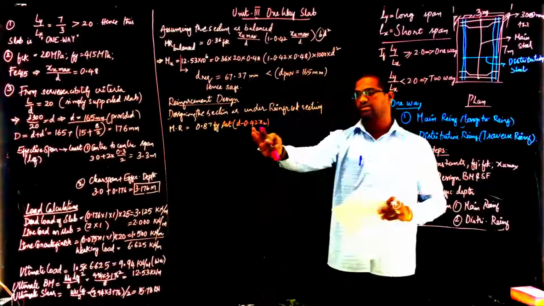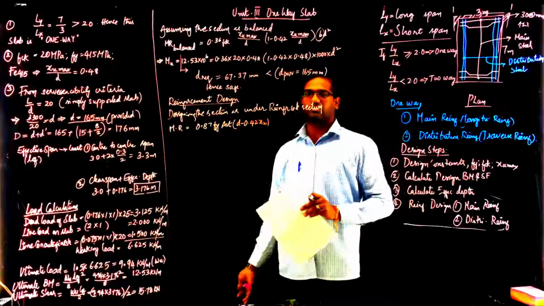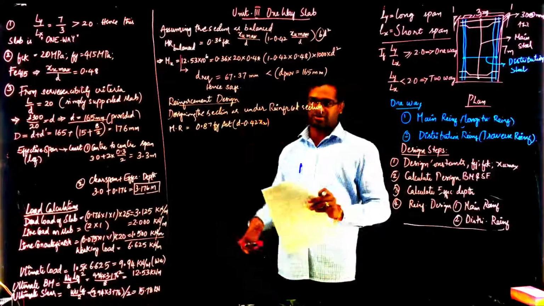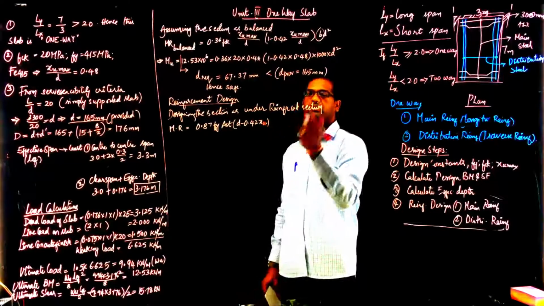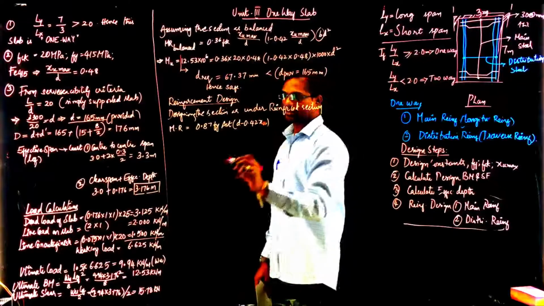This equation is different when we go to the code, but the value will be the same. So you need to express xu in terms of Ast, then back substitute here.